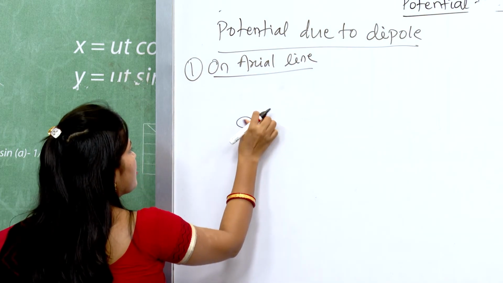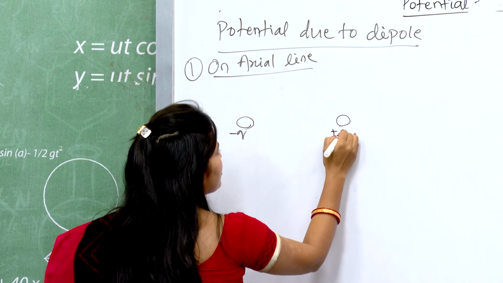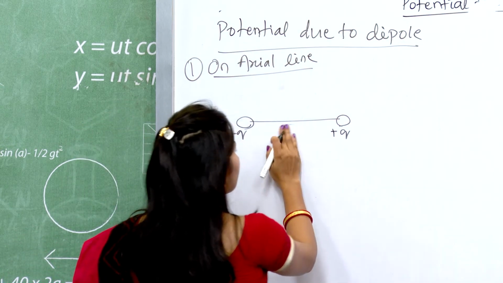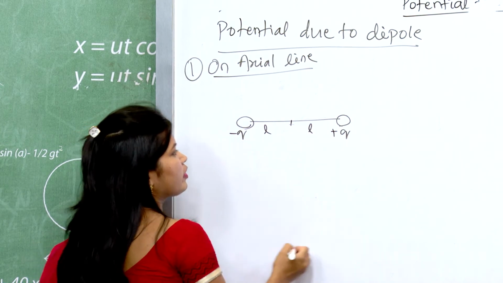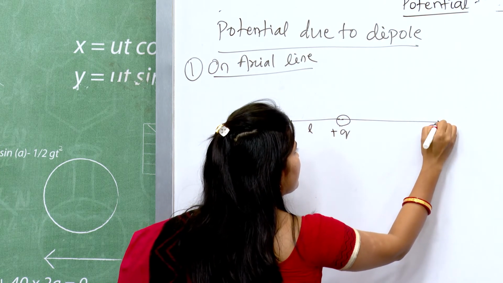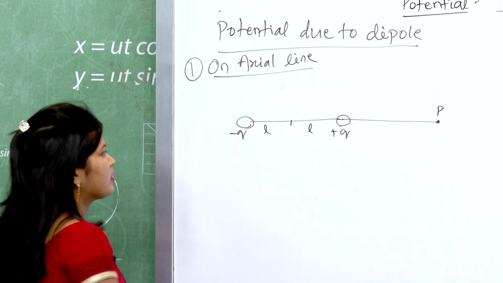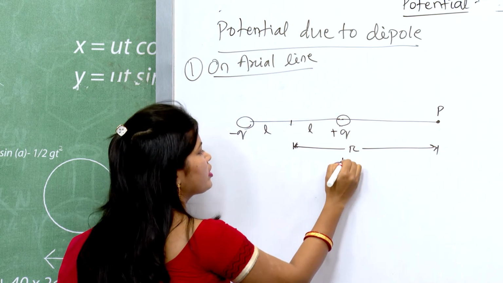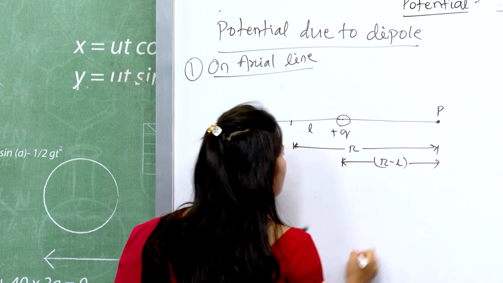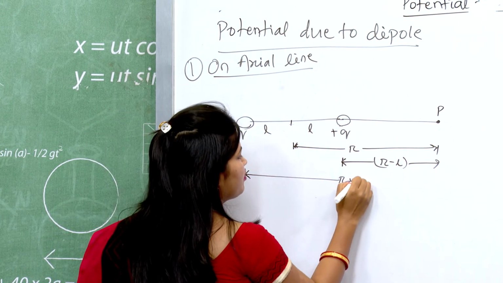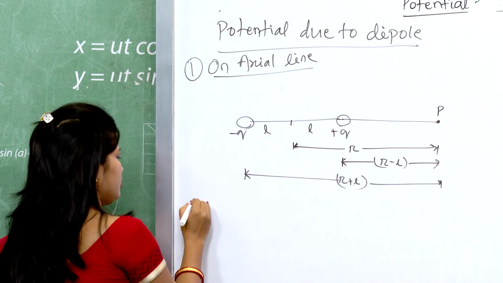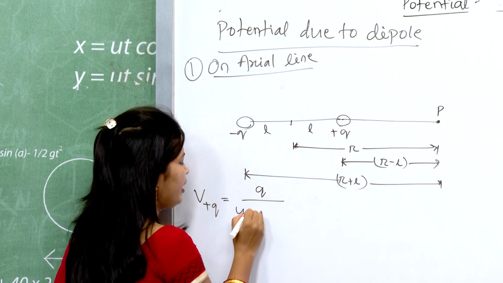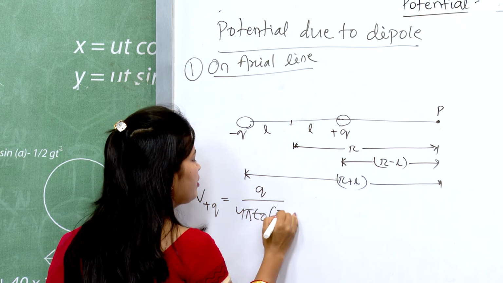Suppose here is your minus q charge and here plus q charge, separation is 2L, and from the center this is L and this is also L, and I have to find at the point of observation P. Then from the center of the dipole the distance is r to the point of observation, and from plus q it is r minus L, and from minus q it is r plus L. So, potential due to plus q is q upon 4 pi epsilon naught (r minus L).